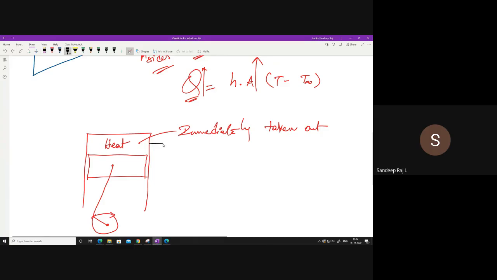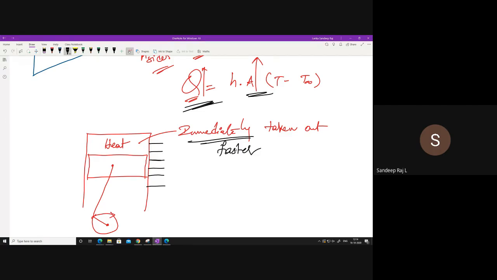You have added a fin here, you have added a fin here. Like this, you keep on adding fins, you will increase the surface area. Whenever the surface area is increased, the heat transfer by convection is increased, and whatever heat is present inside will be taken out at a faster rate.